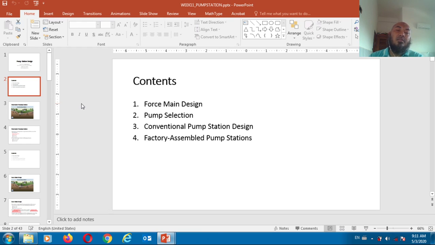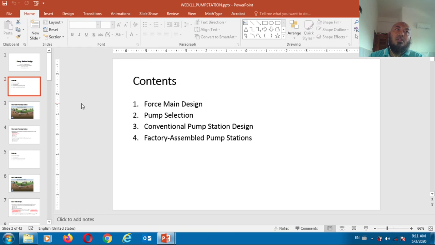Basically, in the force main design, we are talking about how to calculate the total head, because the pump station is allocated in order to lift the sewage to another level.